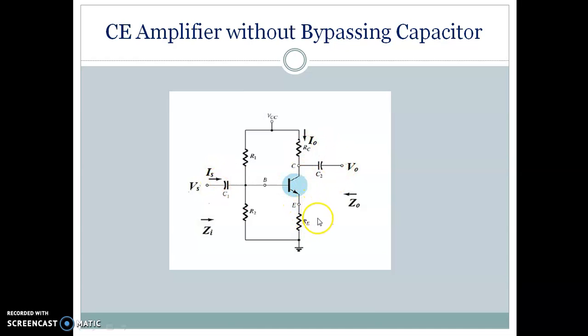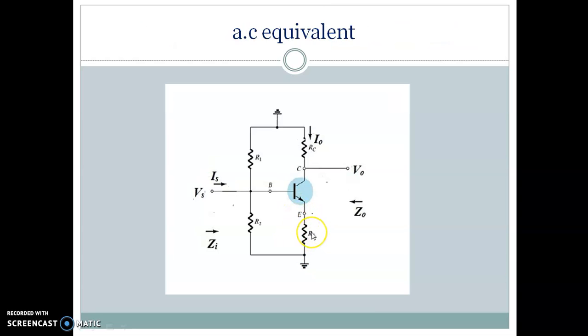The capacitor that comes in shunt with your RE is your bypassing capacitor, because for your AC signal, the capacitor will provide the shortest path. Therefore the effect of RE will be bypassed. The AC signal will not take up this path, it will not flow through your RE. It will bypass that, therefore it is called your bypassing capacitor.